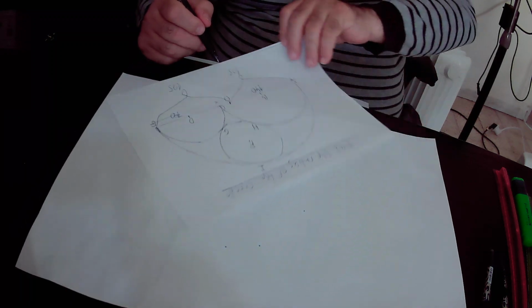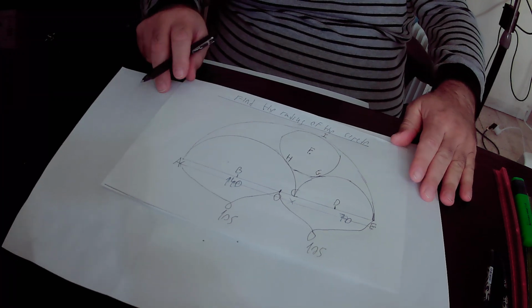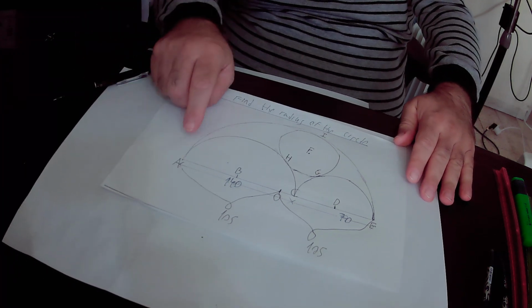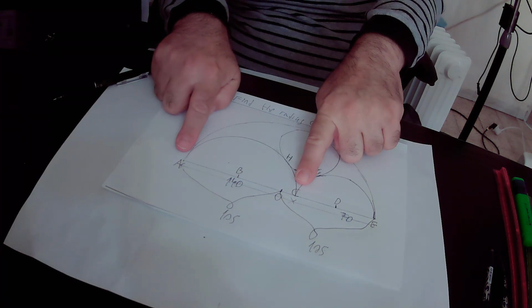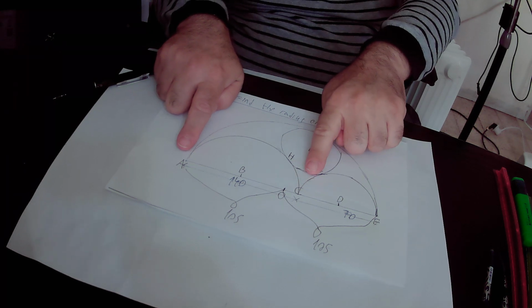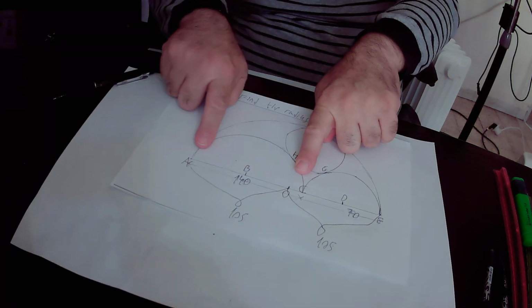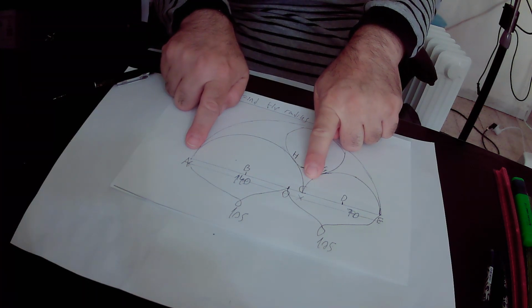It is given in the question that this line segment, line segment AC, equals 140 units in its length. This is point A, this is point C, therefore it is line segment AC.